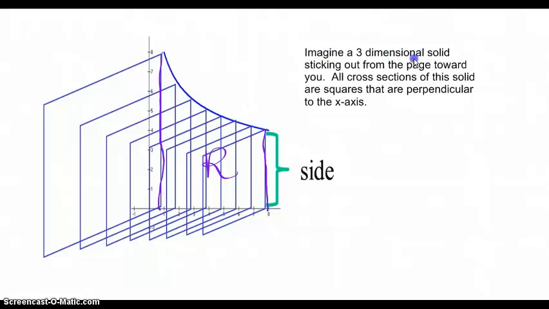So imagine this three-dimensional solid that's sticking out from the page, and all the cross sections are squares that are perpendicular to the x-axis. That's what those words mean: cross sections perpendicular to the x-axis. And I have several representational squares drawn here that are perpendicular to the x-axis. So that gives you an idea of what the three-dimensional solid might look like.